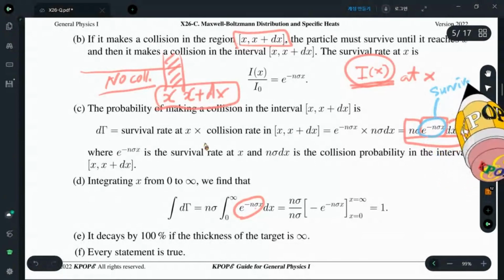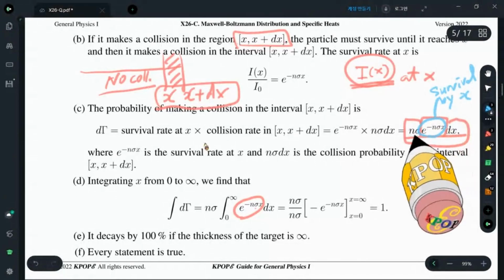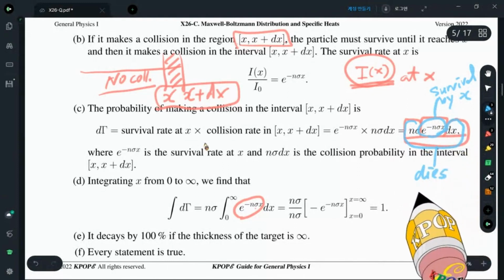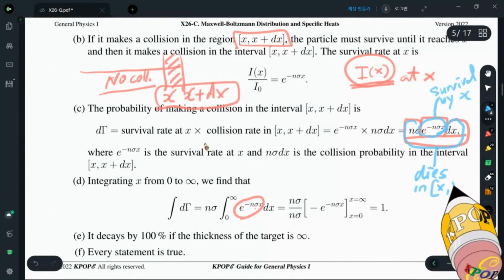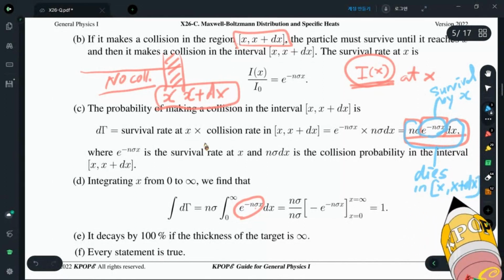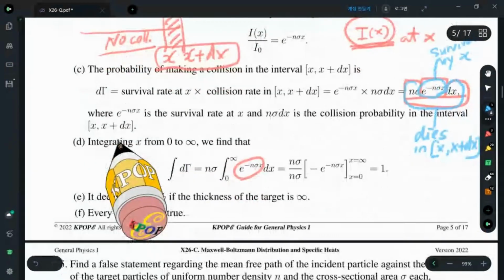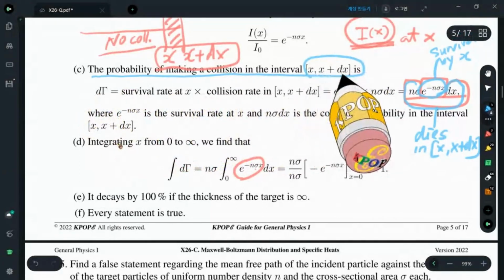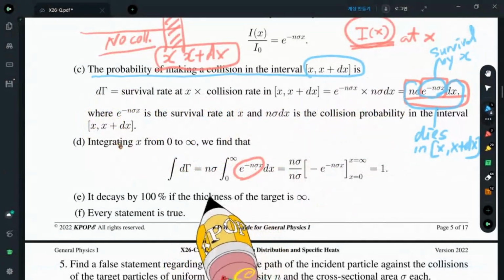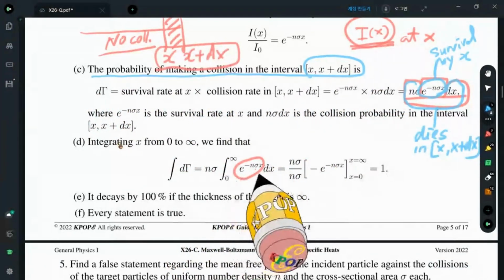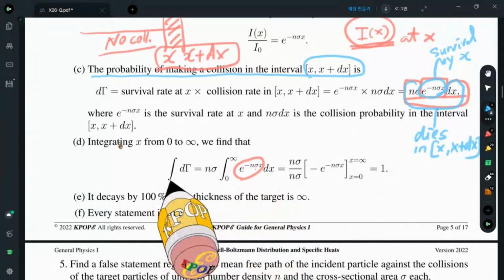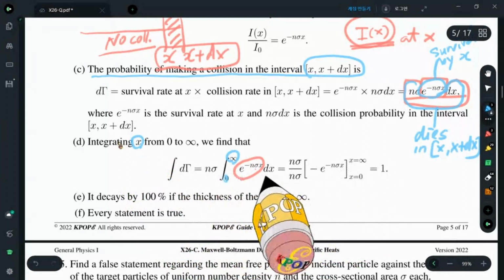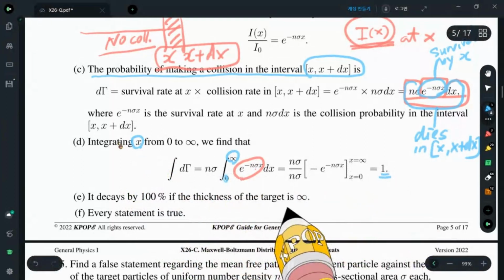This is the survival by x, and this is dying in between x and x plus dx. Okay. This is the probability of making a collision in the interval x to x plus dx. Okay, now the integral is trivial. If you integrate x from 0 to infinity, it is a trivial integral of unity.